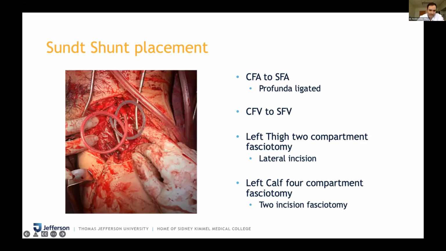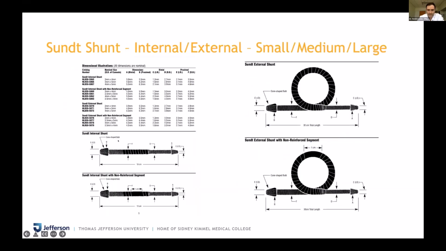We can see here the common femoral with the shunt going down into the SFA, and then the same on the venous side. As I said, I'm not very familiar with this shunt, but it comes in 2 forms. One is used for the carotid artery, and it's an internal shunt, whereas this other one is named external shunt because it has this external loop.